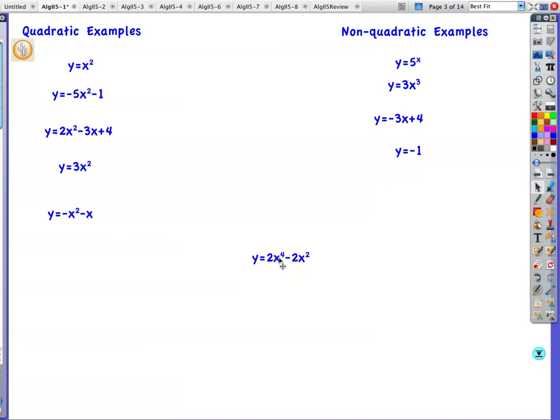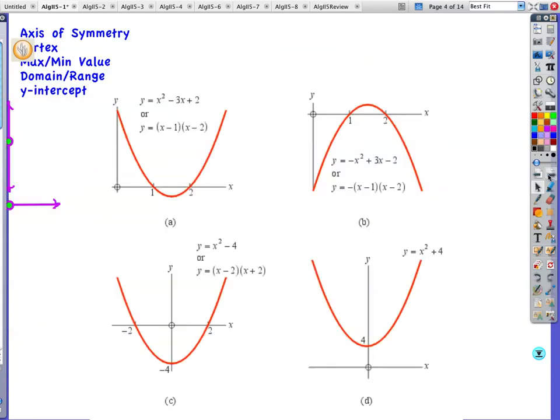And 2x to the fourth puts it over here. It is not quadratic. Those will not graph out to be parabolas, while these will. All right, just make sure that's in your notes so you have that to look at.